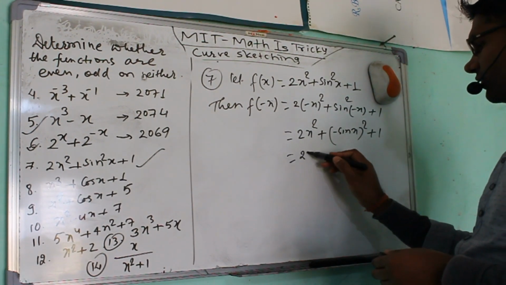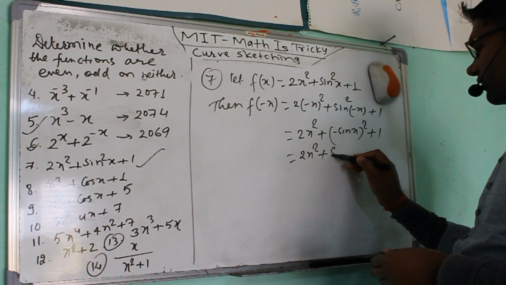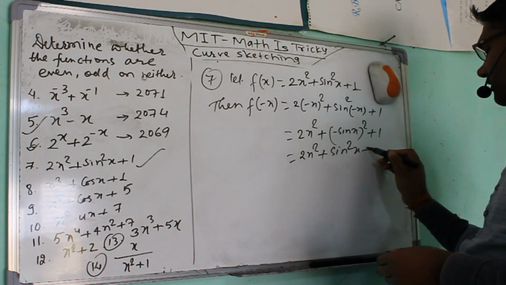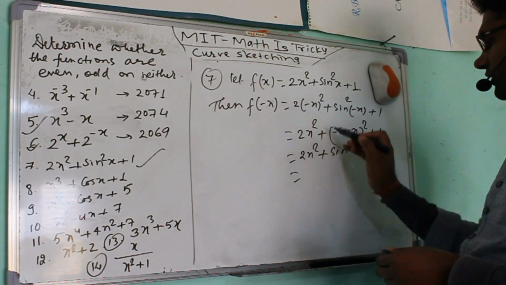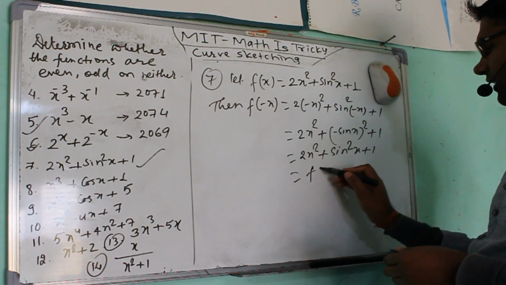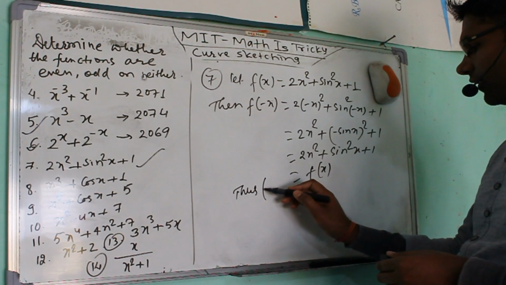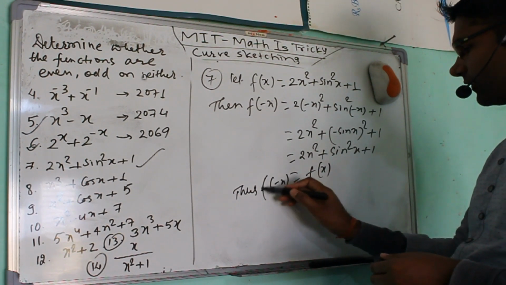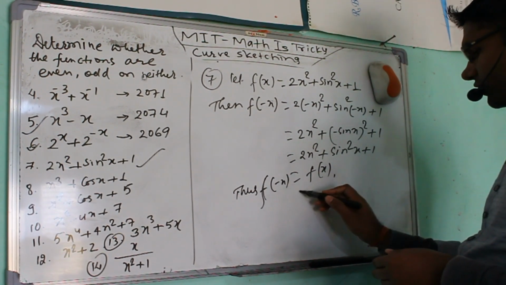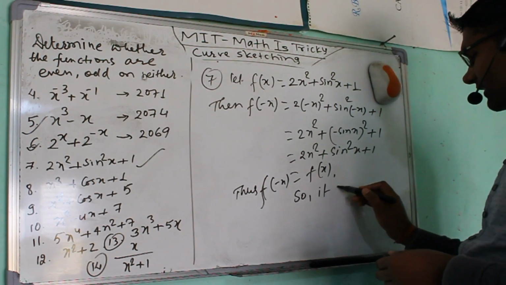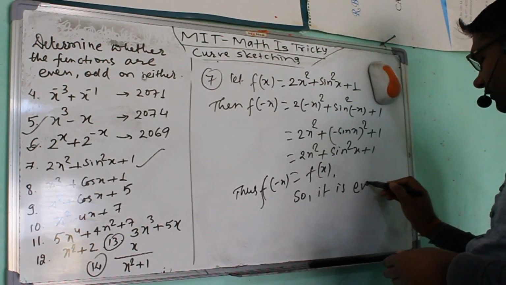So we get 2x² + sin²x + 1, which is f(x). Thus we have f(−x) = f(x). So it is an even function.